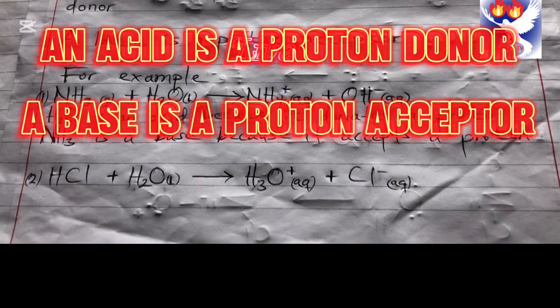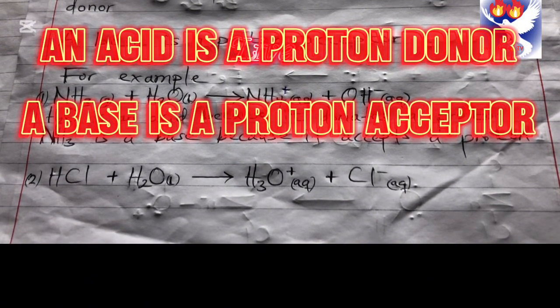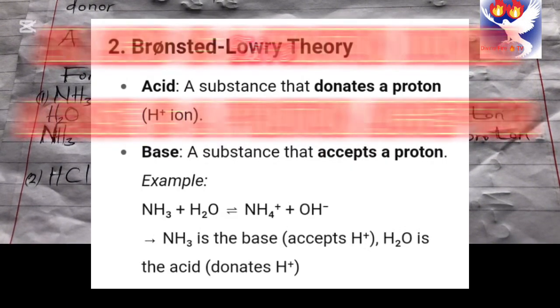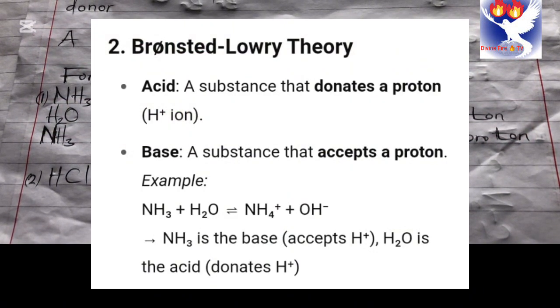Let's look at an example. According to Brønsted-Lowry, an acid is a chemical substance that donates a proton. A base is a chemical substance that accepts a proton. Brønsted-Lowry definitions of acids and bases do not have to be in water.